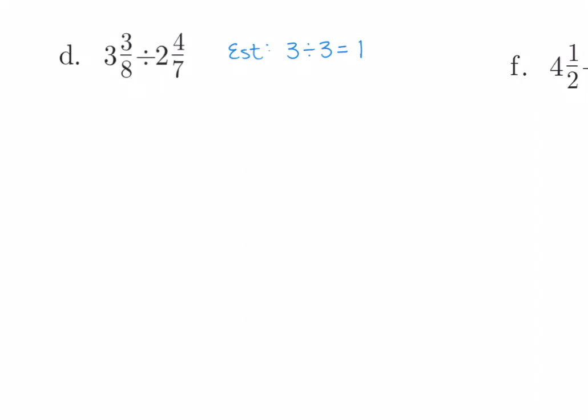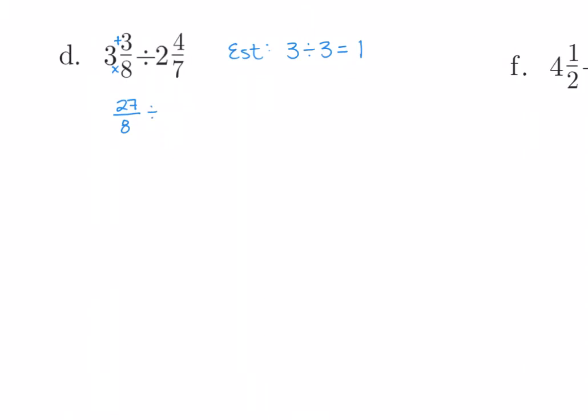All right, let's go ahead and find the exact answer. We get 8 times 3 is 24. Plus 3 is 27 over 8.